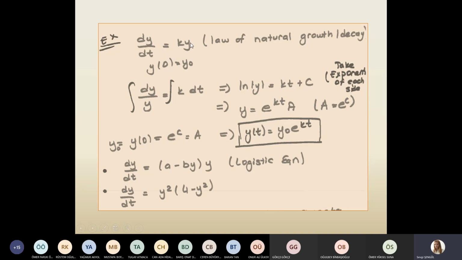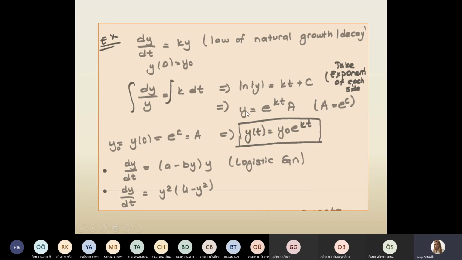And to be able to solve it, I just move the y in here, dt in there, take the integral, ln y. This integral is ln y, right? And this integral is kt, and there is c coming, indefinite integral. And to be able to solve for y, we took the exponential of each side. I have e to the kt, e to the c is bringing to me another constant a.